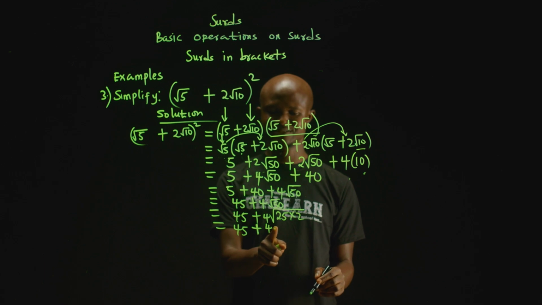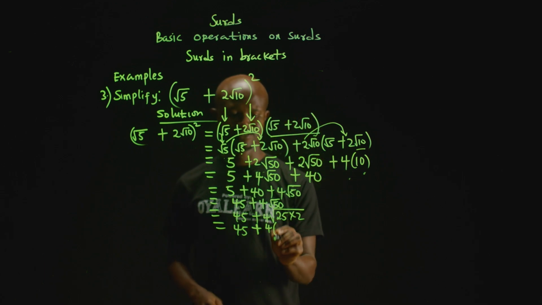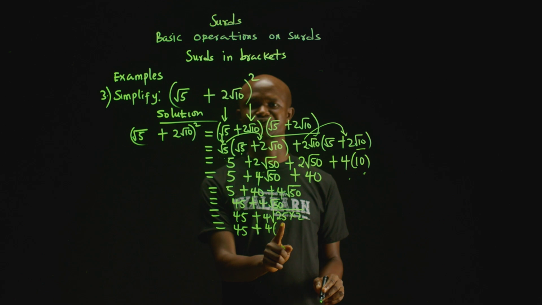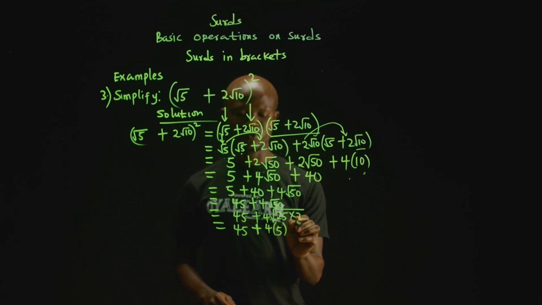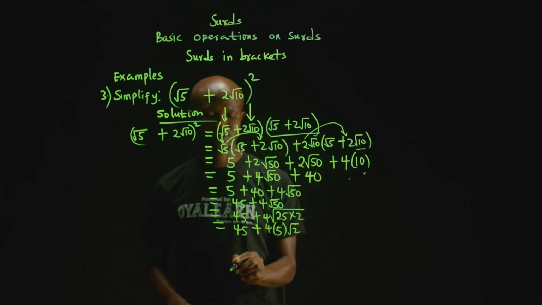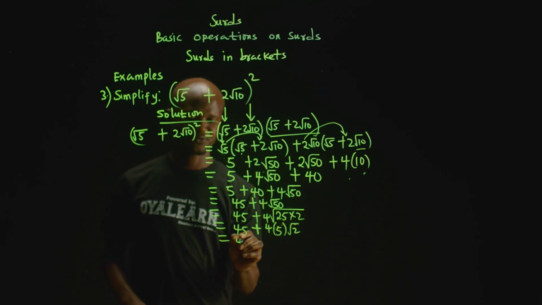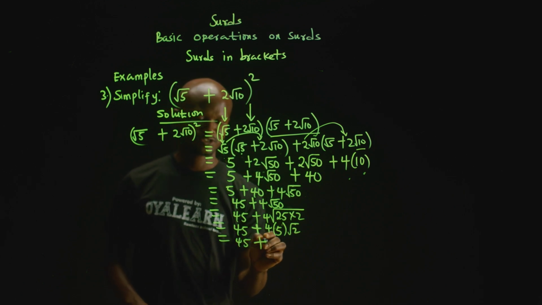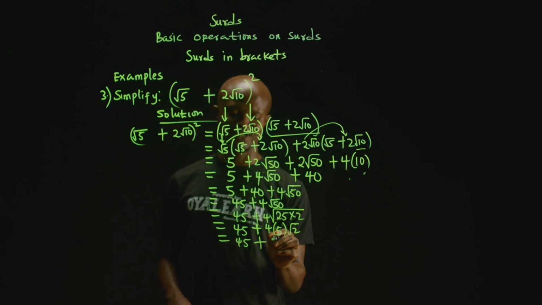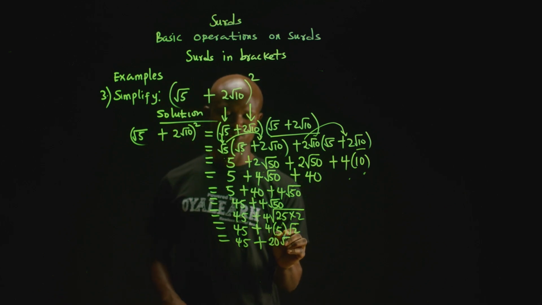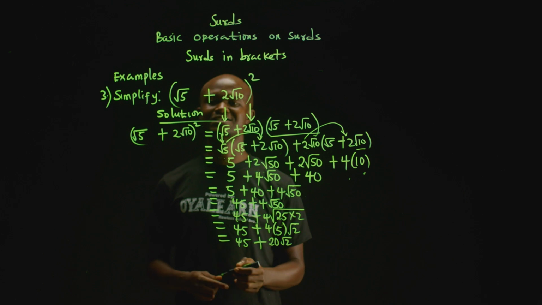What are we having here? This is root 25. That is 5. So we write 5. Then we have root 2. So this will give us 45 plus 4 times 5. What are we having? That's 20. 20 root 2. That is the solution to the problem.